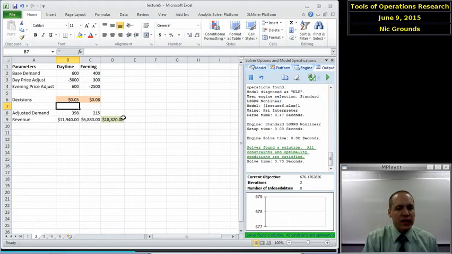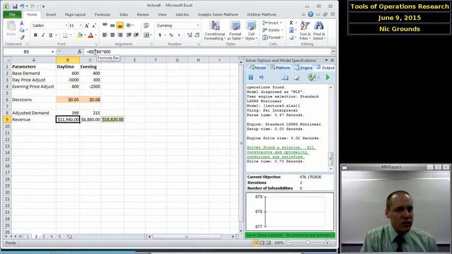Now the reason why it's nonlinear is because the objective here involves the decision variable multiplied by the adjusted demand, which also involves both decision variables. So even though the adjusted demand is a linear function and this revenue function looks linear, this revenue function is technically multiplying one decision variable by a formula that already involves decision variables.